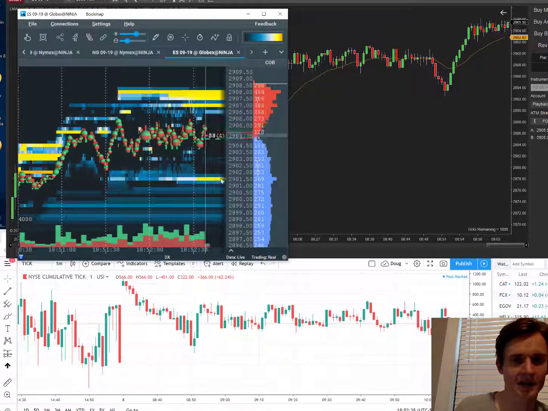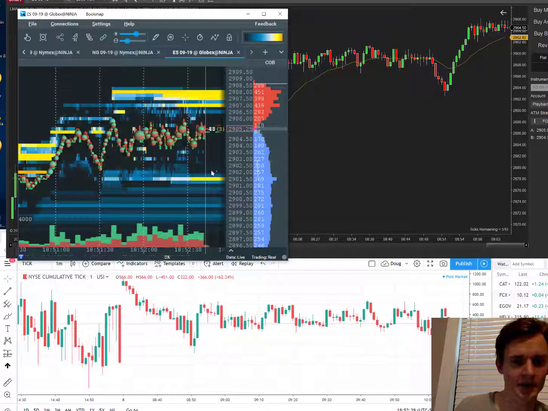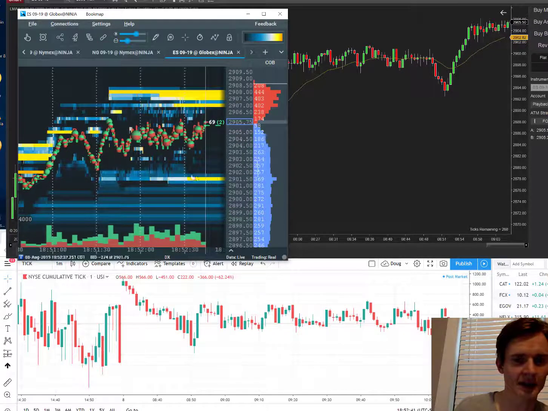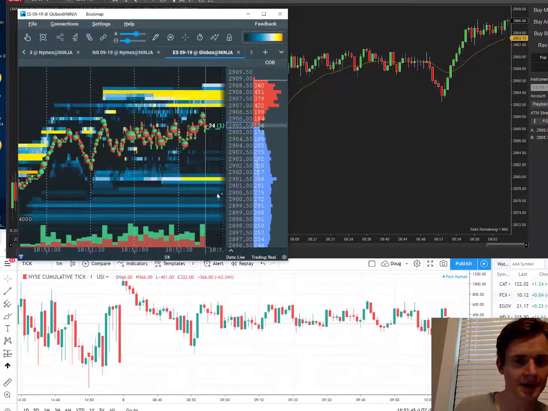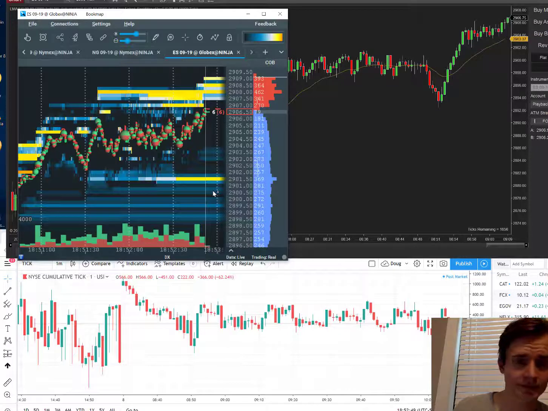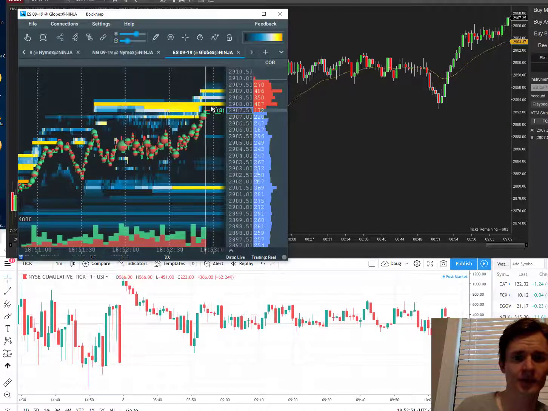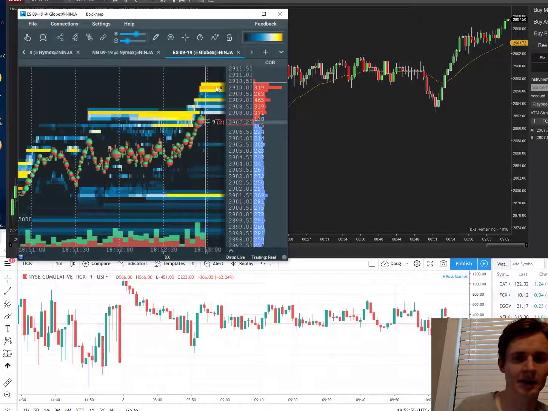You got more buyers popped in down here. You're hoping that at the very least that's the support if it comes back. You don't know if it's going to come back, but if it does, you're hoping that is your support level. So you would have your stop somewhere here if that's what you were worried about. But it just goes up and takes those out. More guys pile in, more guys pile in.